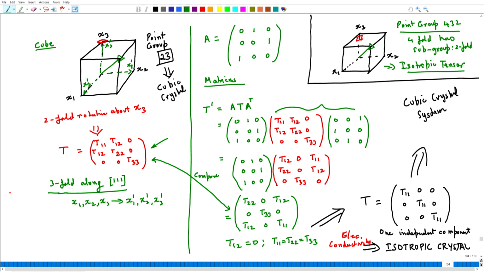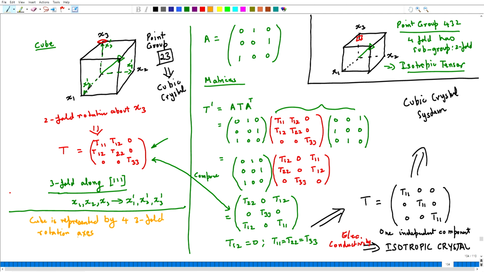You could also solve this problem for the cube, because after all the cube is represented by four three-fold rotation axes.